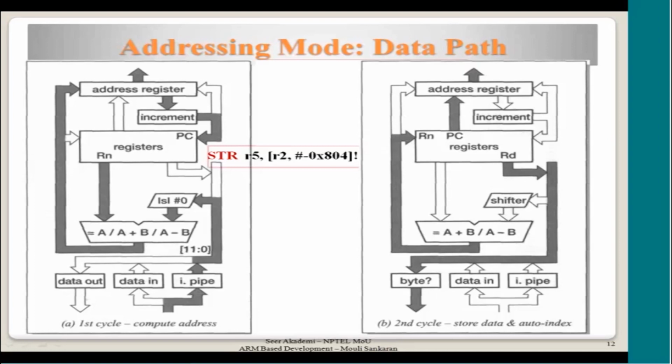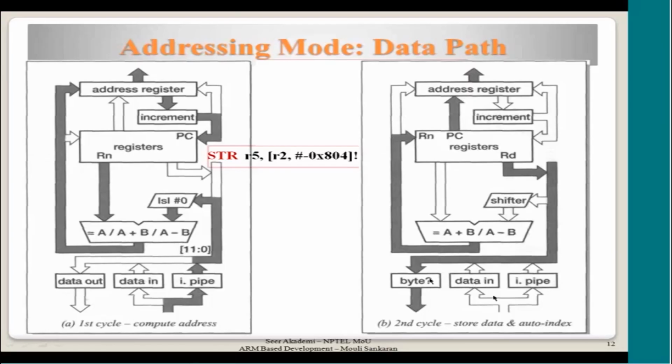Now something has to be different here. This will be the same, but something has to be different. What does it need to be? Writing the new value into the register will happen anyway, but instead of driving the data bus with the value in R5, you are going to take the data in because you are loading from memory to a register.